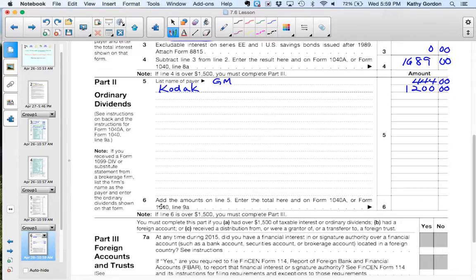Okay, line 6 says to add the amounts from line 5. So again, all of this is considered line 5. And so when we add 444 to 1,200, we get $1,644. And they tell us to add that to line 9A.